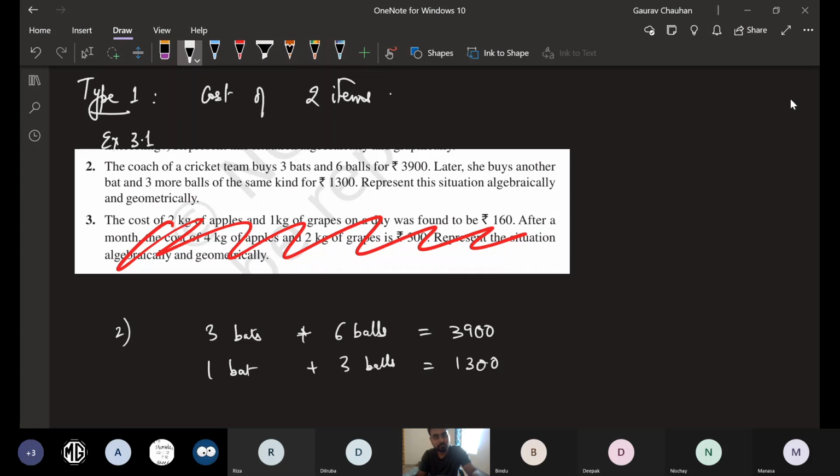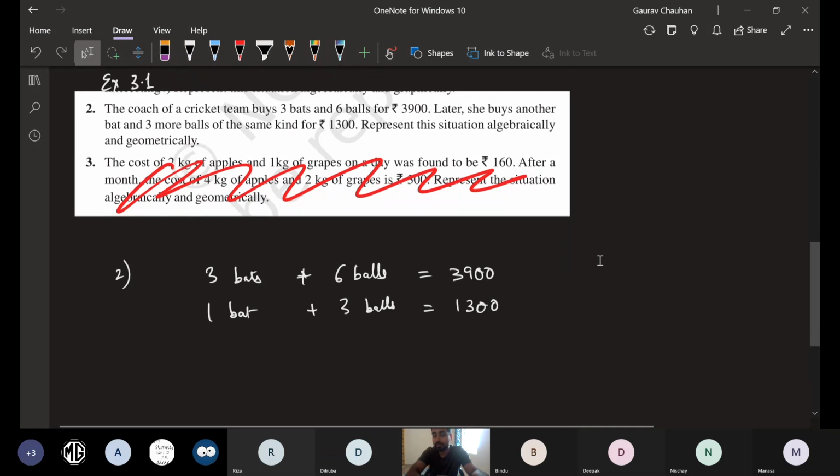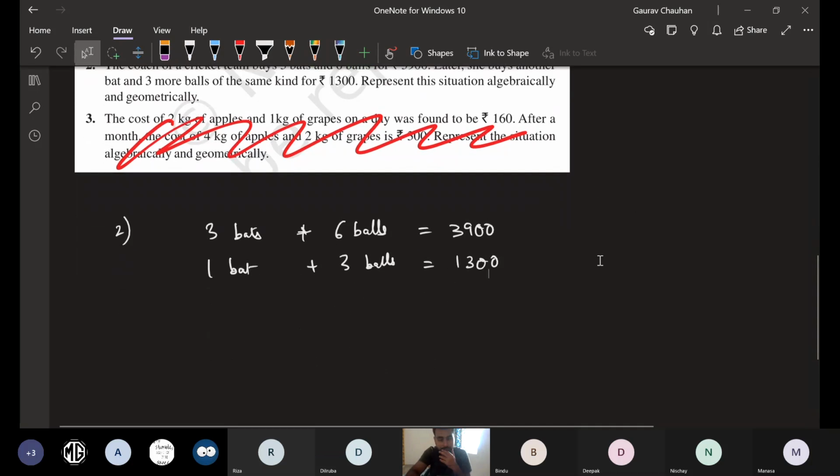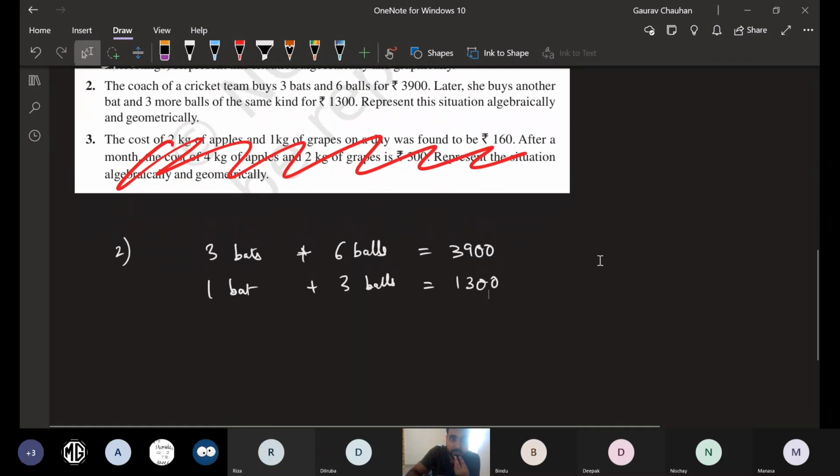Is there something you should be doing after or before this right now? Where do we want to reach, Manasa? You want to reach an algebraic situation.